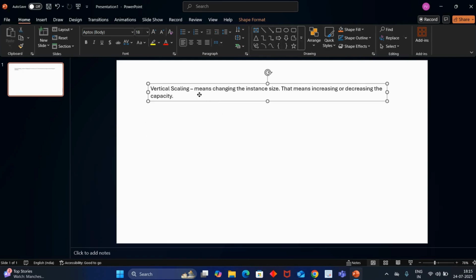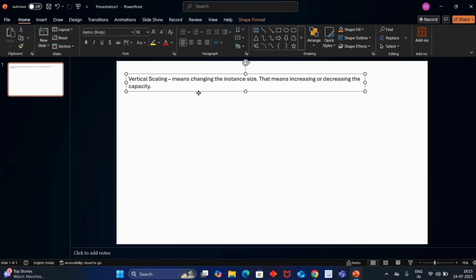So what is vertical scaling? Vertical scaling means changing the size of the instance. This means we are changing the instance size, like decreasing the instance or increasing the instance capacity. So that is called vertical scaling.